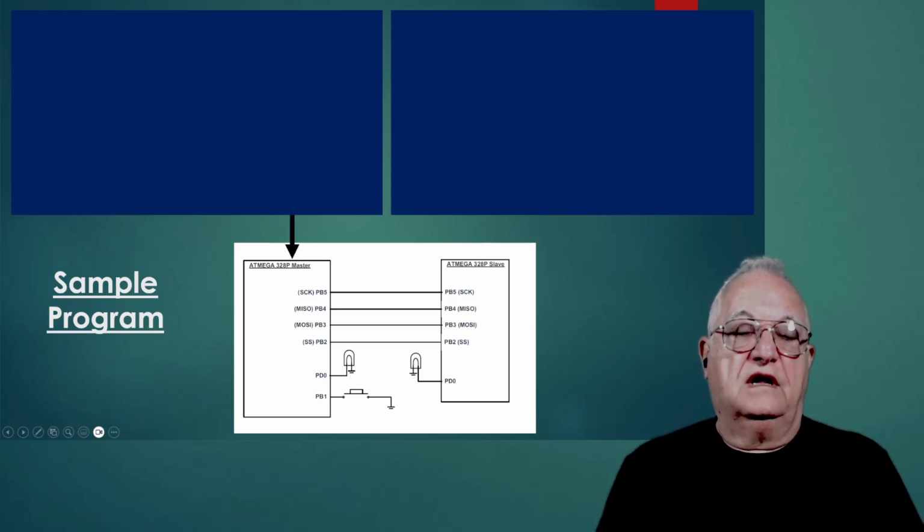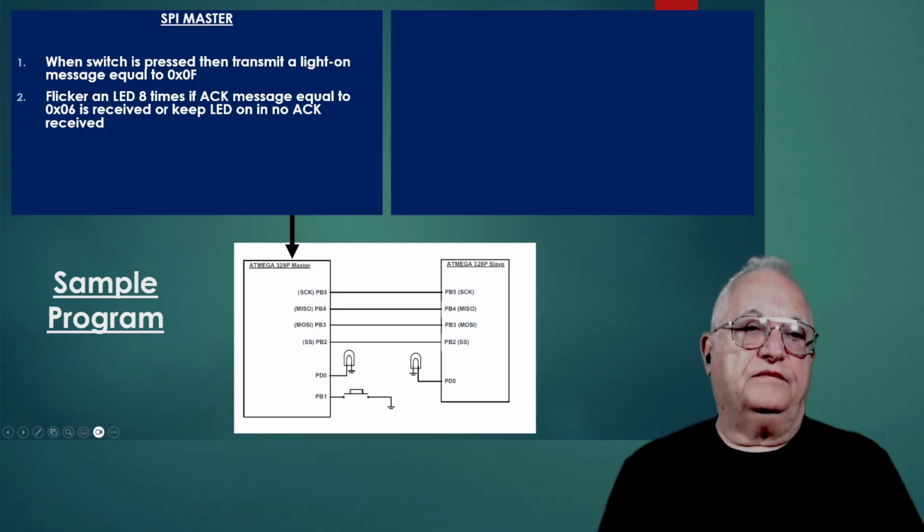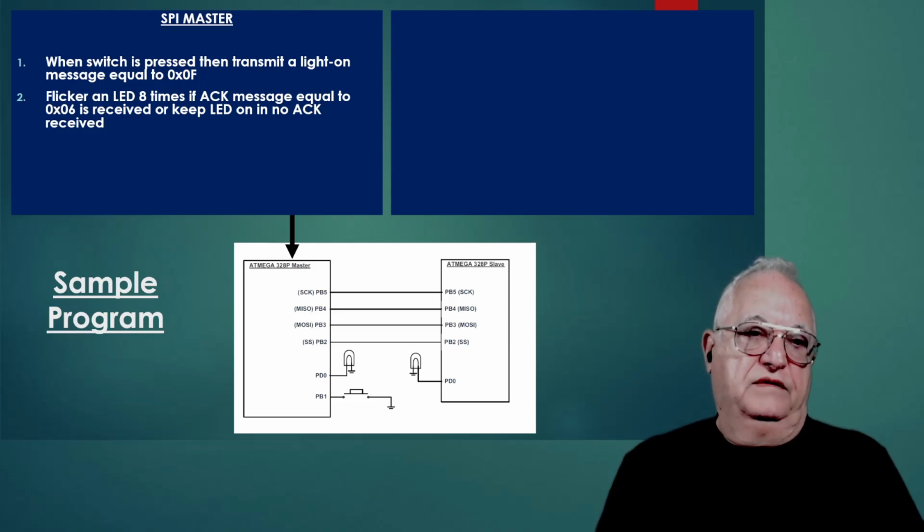So let's go to the statement. When the switch is pressed, then transmit a light on command, which is going to be 0x0F. Flicker an LED 8 times to acknowledge message equal to 06 is received, or keep LED on if no acknowledgement is received.